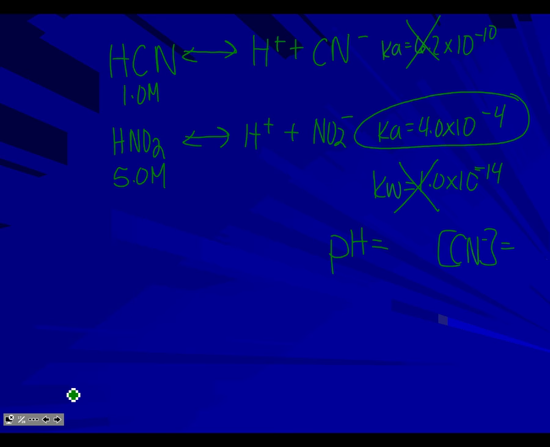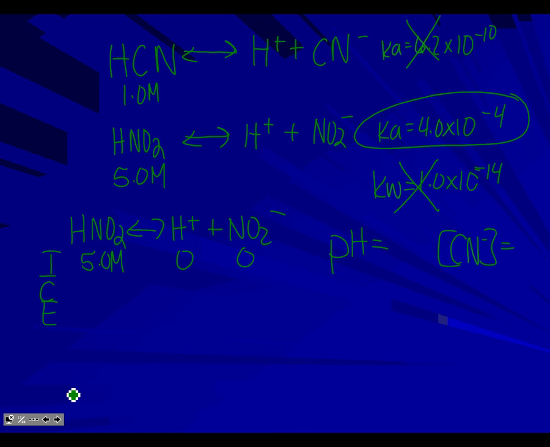So let's go ahead and start out with our ICE chart first in our equation. And we know we have 5 molar nitrous acid, but once again, we don't have any of the products to start with.